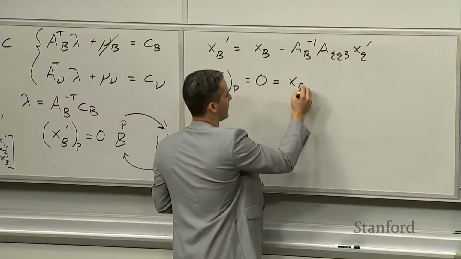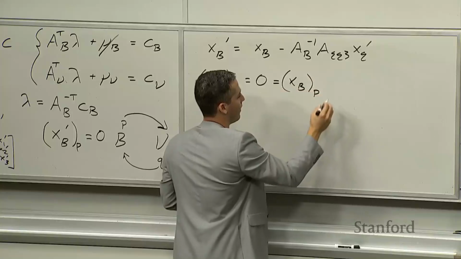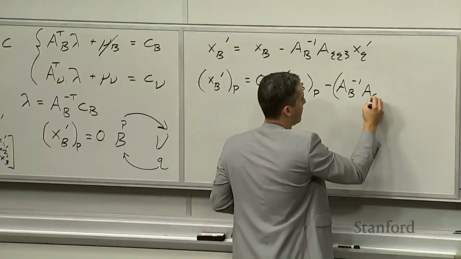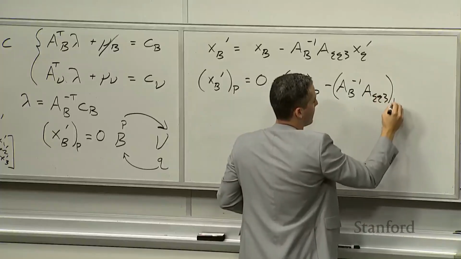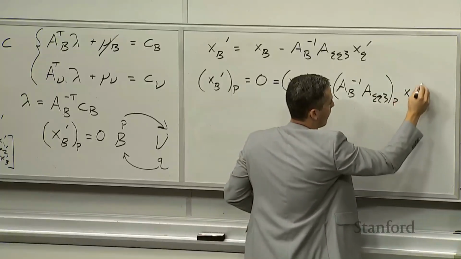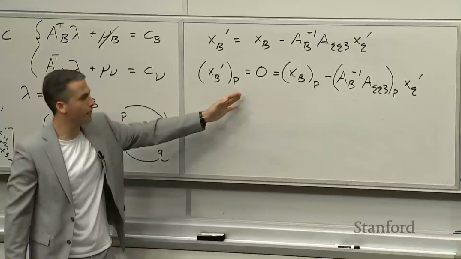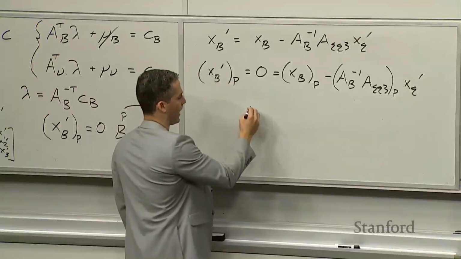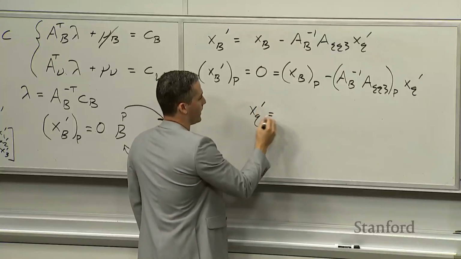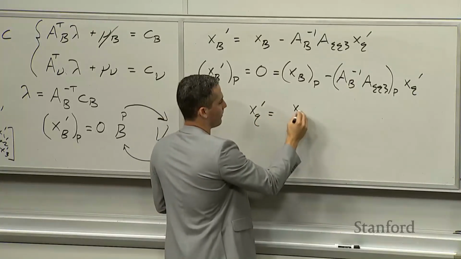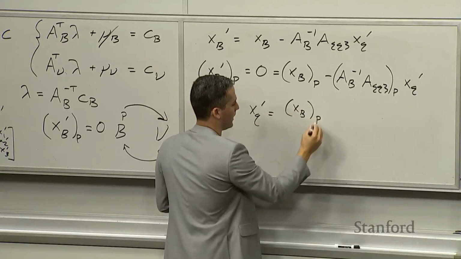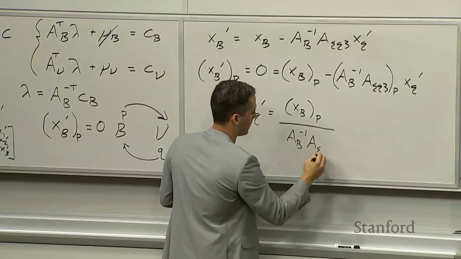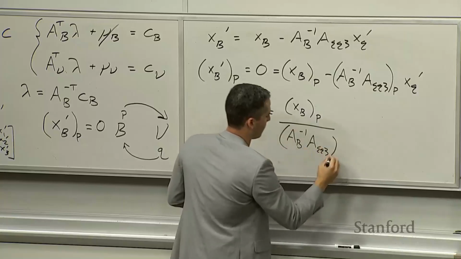This is going to be x basis in terms of P minus a basis inverse aq, the pth component of that, times xq prime. Okay, so this allows us to now solve for xq prime. So if we rewrite this now for xq prime, what we get is that xq prime is equal to x basis P divided by a basis inverse aq and the pth component of that.